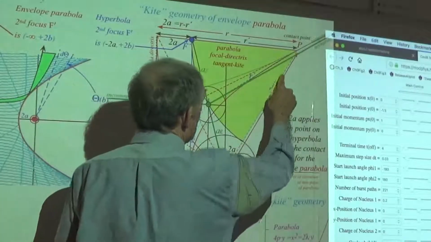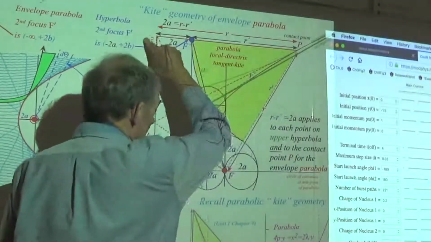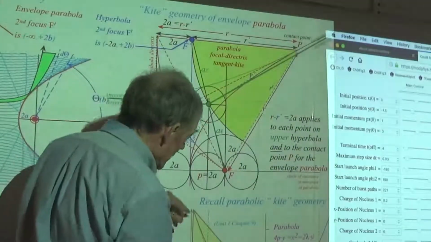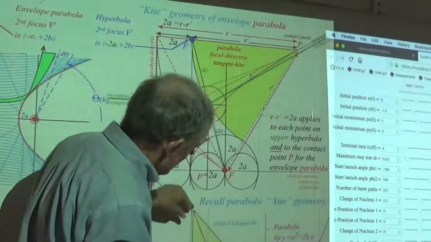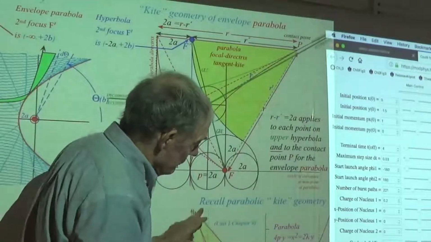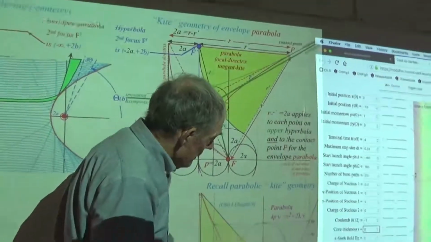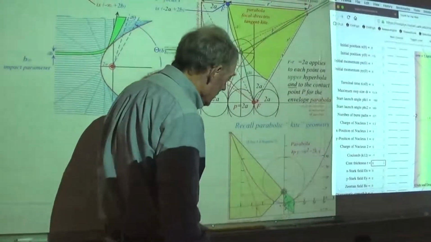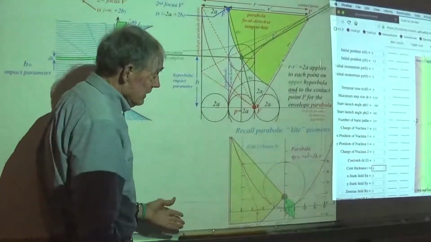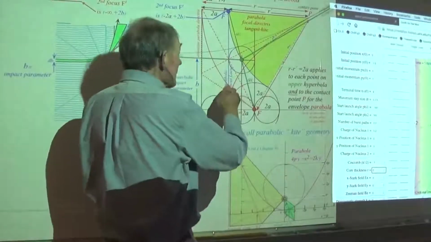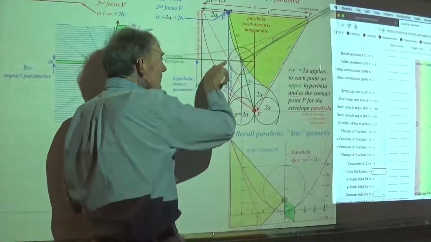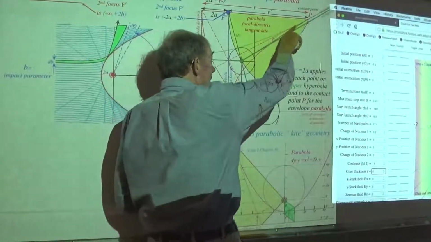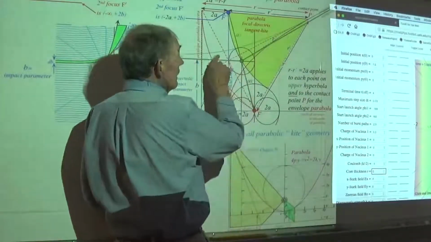The yellow is the bottom of the kite. And remember the parabolic kite that finds a tangent on a parabola. There's the center of the kite making the tangent, and this little point here indicates exactly what the slope of that tangent is. Well, the same thing's happening here, except it's sort of cattywampus with respect to that picture.